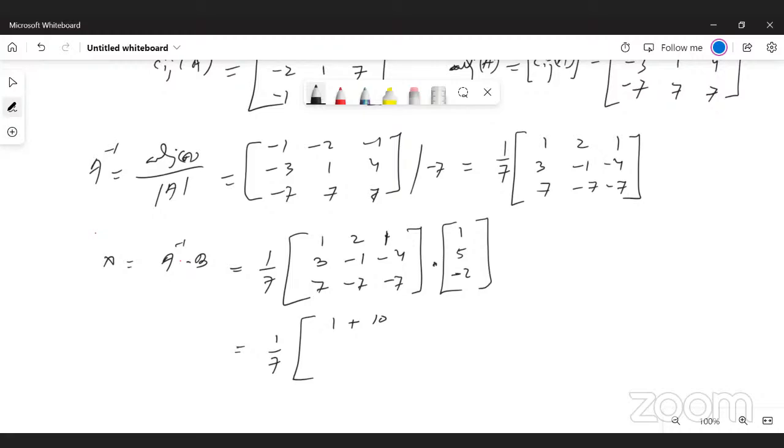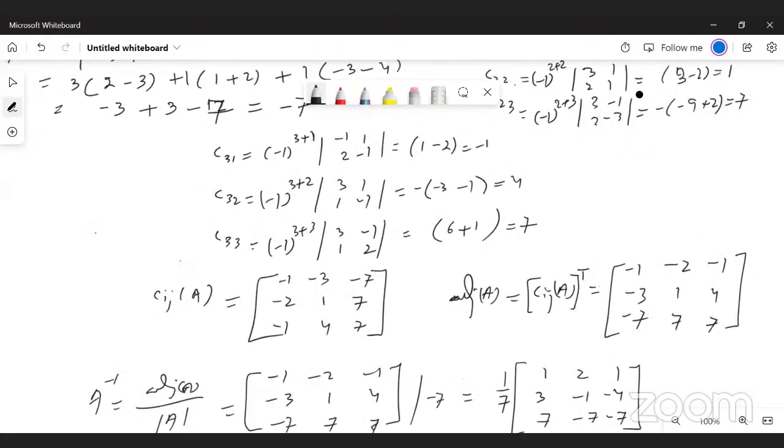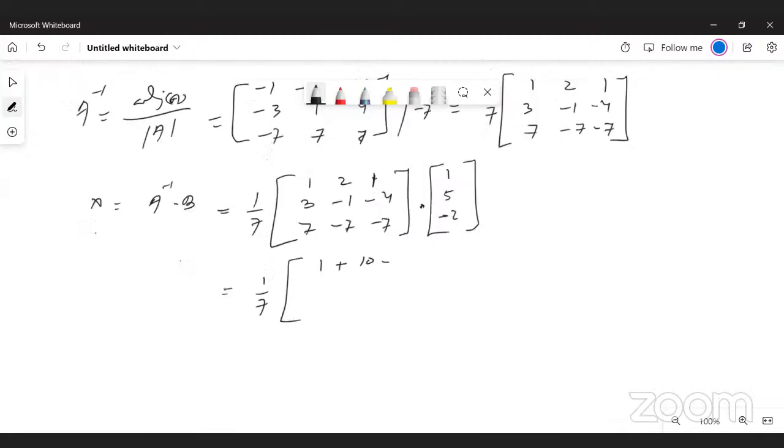So it becomes -2. The second term is 3 and 5, 3 minus 5, 5 plus 8. Thereafter it is 7 minus 30, 5 plus 14.